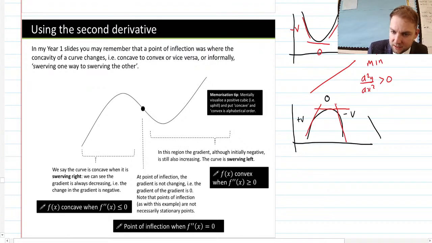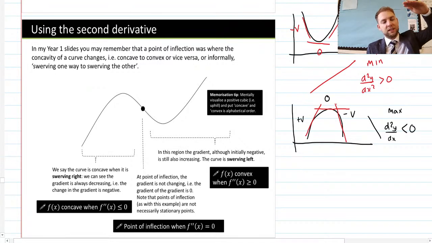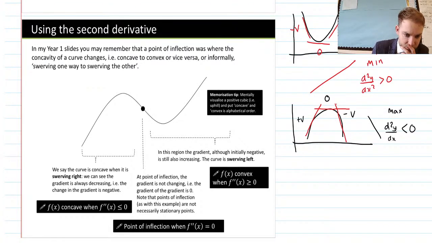So if I've got a maximum, we know that d2y by dx squared is going from positive to 0 to negative, so it's going to be less than 0 because it's going down, isn't it? Now, I'm going to talk about what these are now.